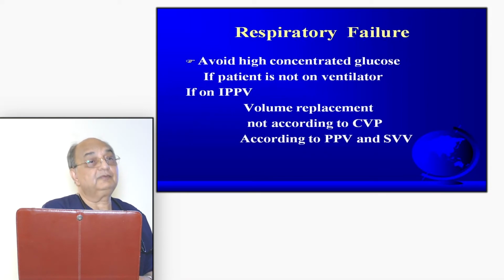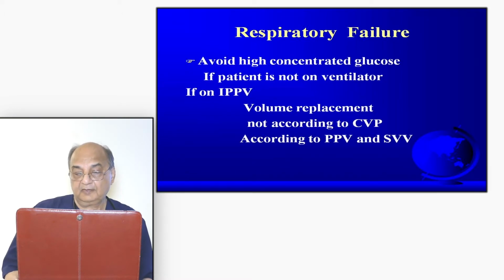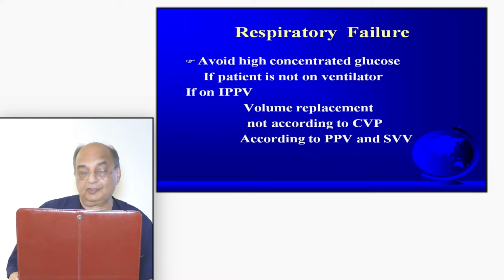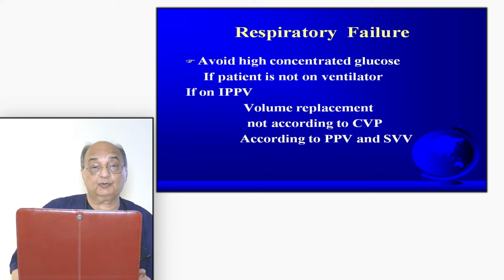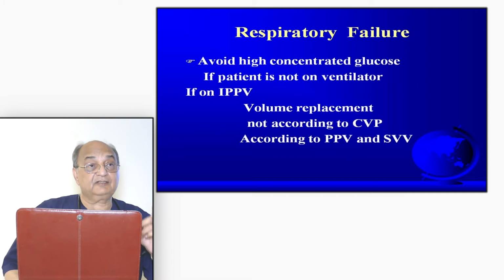Accordingly, they will tell you how much fluid to give this patient. This is a separate topic, but even on CVP you can assess how much fluid is given. But remember only one thing: don't give any concentrated glucose to a respiratory failure patient who is breathing spontaneously.